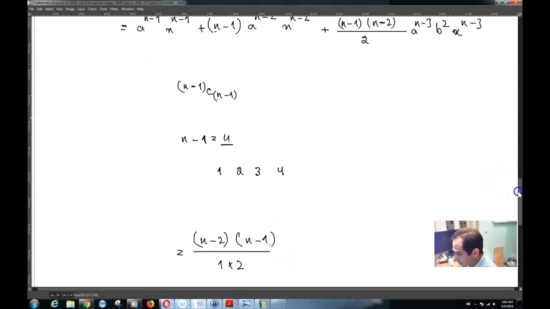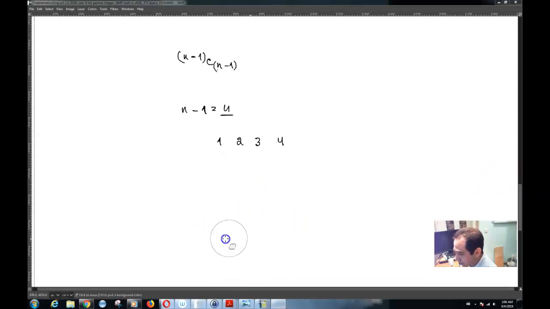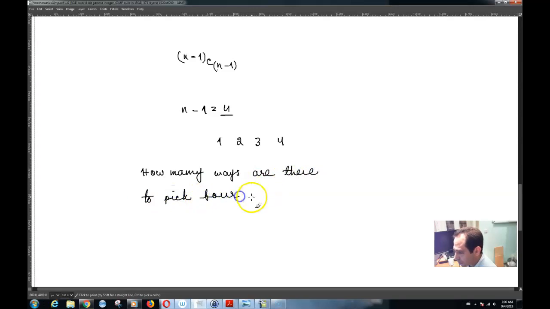Now the question that you want to ask yourself is, how many ways are there to pick 4 marbles at a time from 4 marbles?